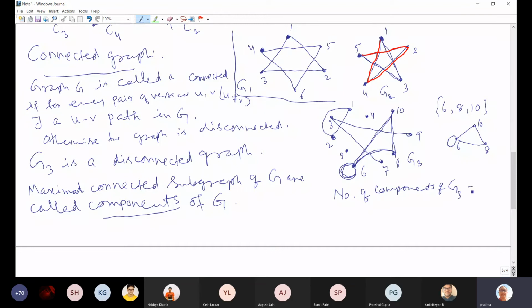Tell me how many components are there. Who can answer that? Can you answer?